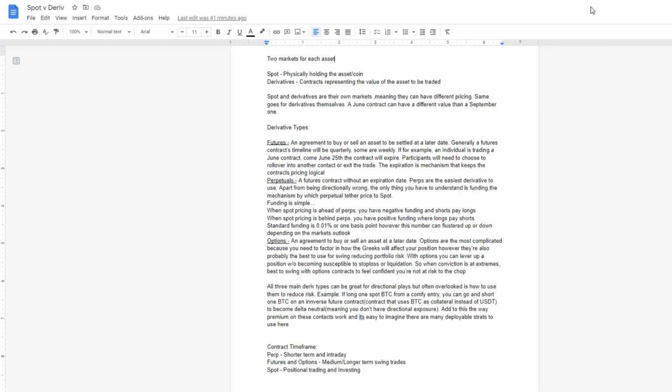So if we look at the Bitcoin market, for instance, all the little Bitcoin markets that exist are all going to be tethered to the main spot market, but a derivative contract on exchange A can move differently from a derivative on exchange B because, like I said, they have their own order book and thus they're their own market. So there's mechanisms in place to keep price tethered because you don't want derivatives and spots to be going in opposite directions or anything, right? Because ultimately they still represent the value behind the same asset.